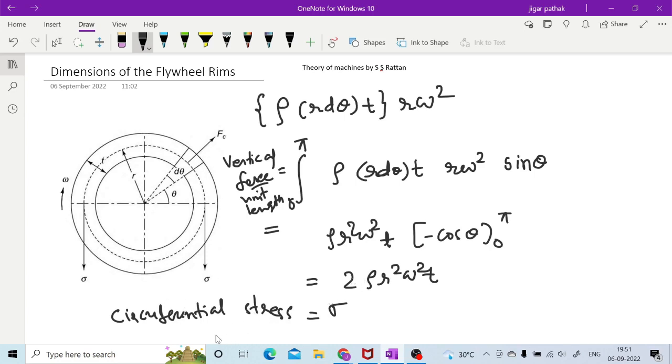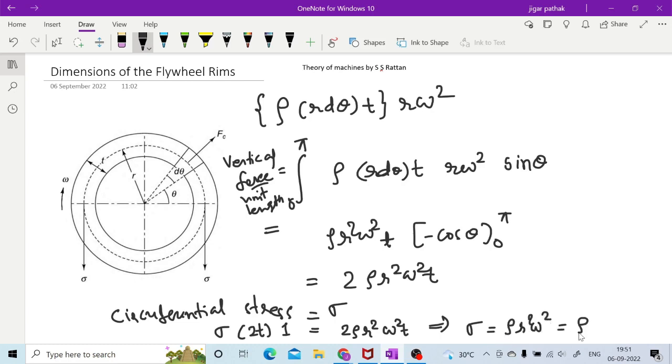Or it must be the same. So if you equate these two, then stress into area, again here you need length. So sigma into 2t into 1 is equal to whatever we have calculated here, 2 rho r square omega square t.